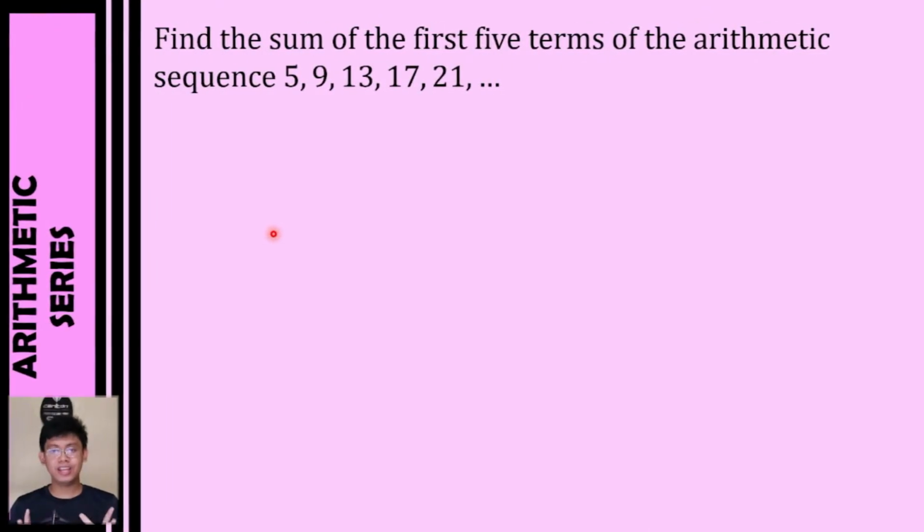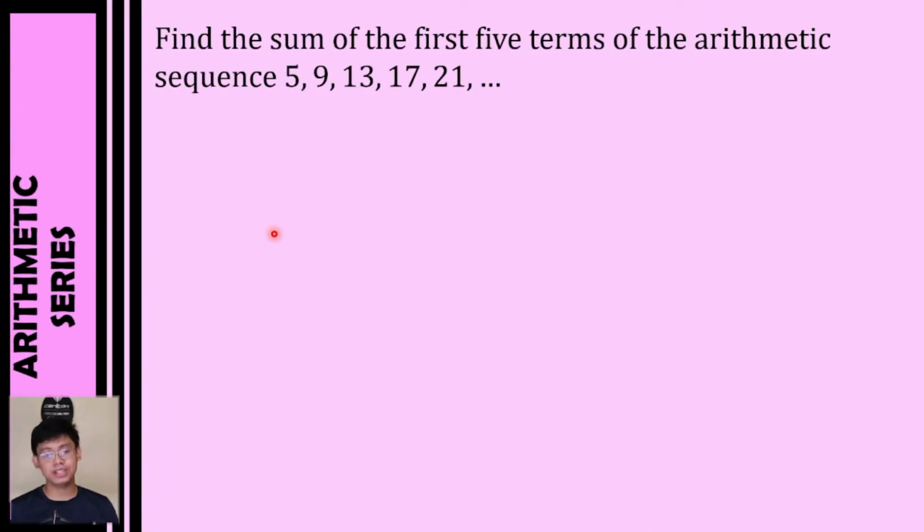Let's have our first example for today. Find the sum of the first 5 terms of the arithmetic sequence 5, 9, 13, 17, and 21. To solve this, we need to look for the following given: the first term, the fifth term, and the number of terms that we need to add. Let's identify them one by one.